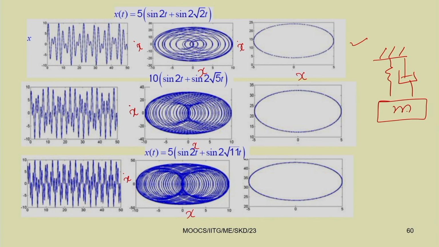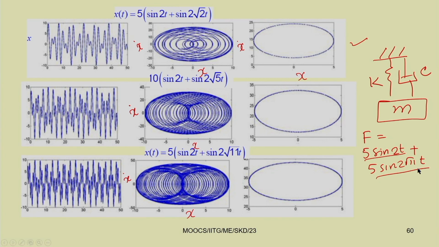So, this is M, and let it be subjected to F equal to 5 sin 2 t plus 5 sin 2 root 11 t. By applying the superposition rule, we can find the response. This is k, this is c, as this is a linear system. First we can find the response for 5 sin 2 t, and then we can find it for 5 sin 2 root 11 t.